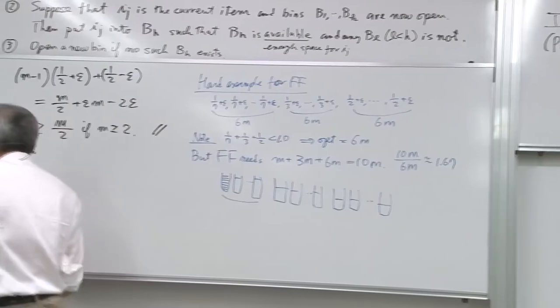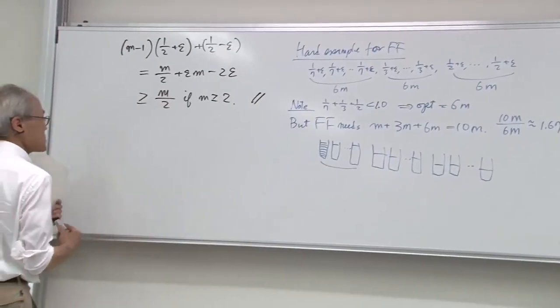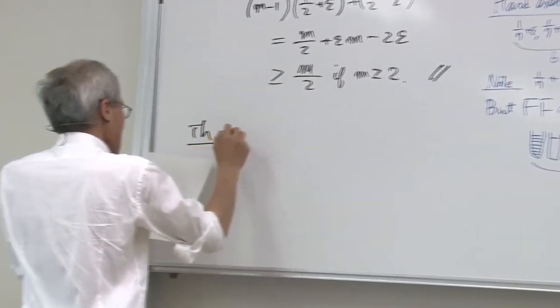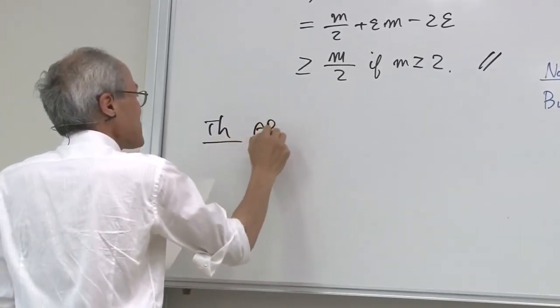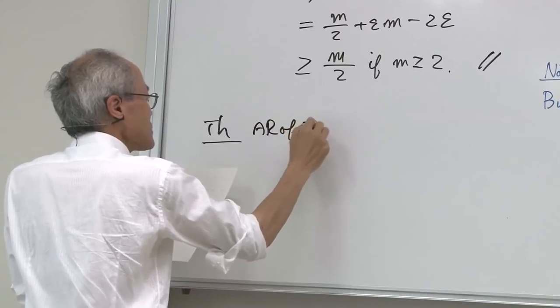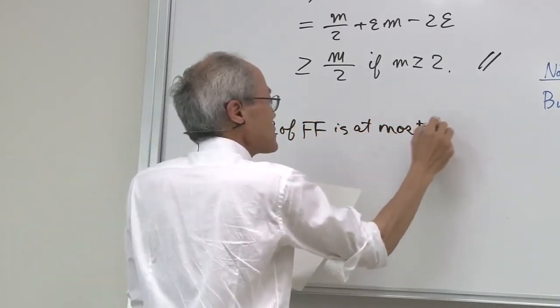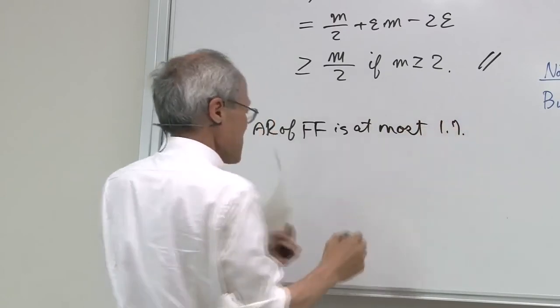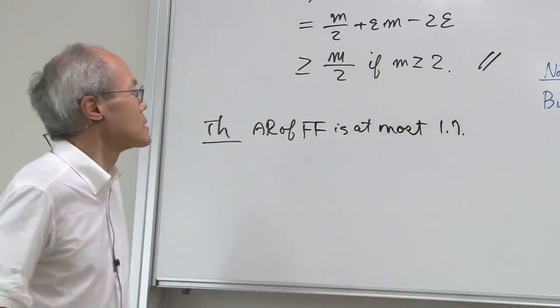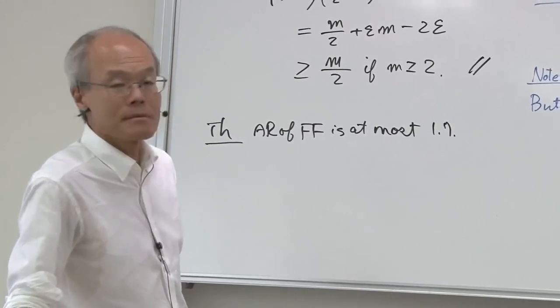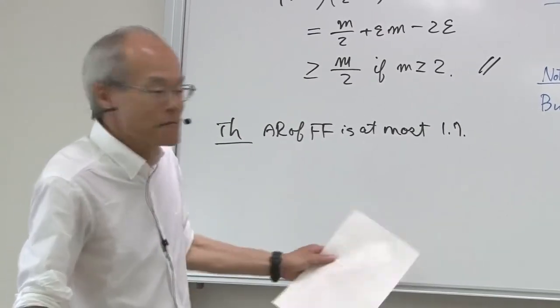Actually, we have another theorem. We can prove that the approximation ratio of first fit is at most 1.7. Proof?